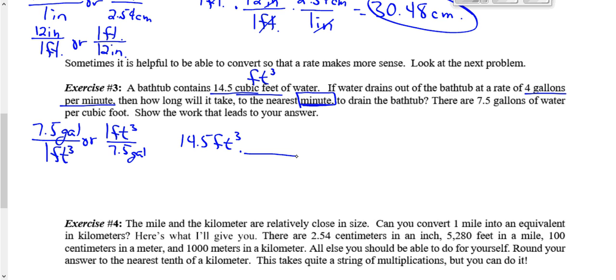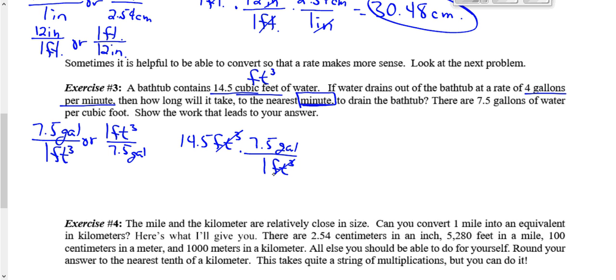We need the cubic feet to cancel. What are we going to multiply by that will cancel cubic feet? We need that on the bottom, so this one, 7.5 gallons for 1 cubic foot. And so those will cancel.